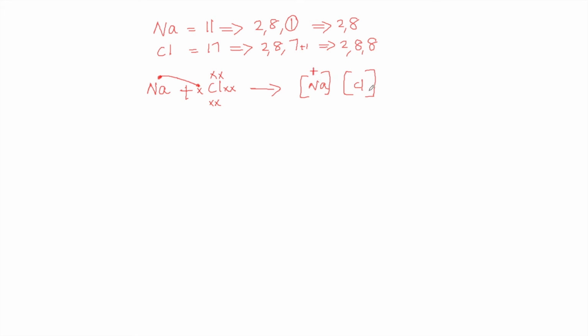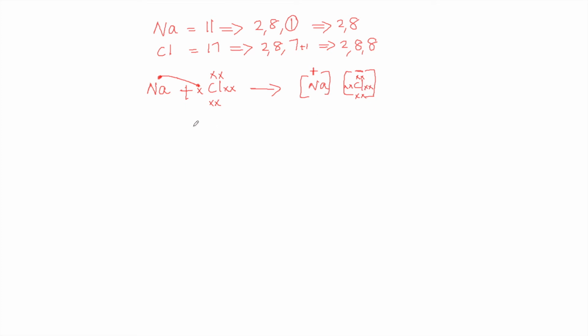Chlorine receives an electron from sodium, which means it accepts an electron and gains a negative charge, so negative charge for chlorine. And for the nonmetal, finally we represent the electrons in the outermost shell, that is 8.